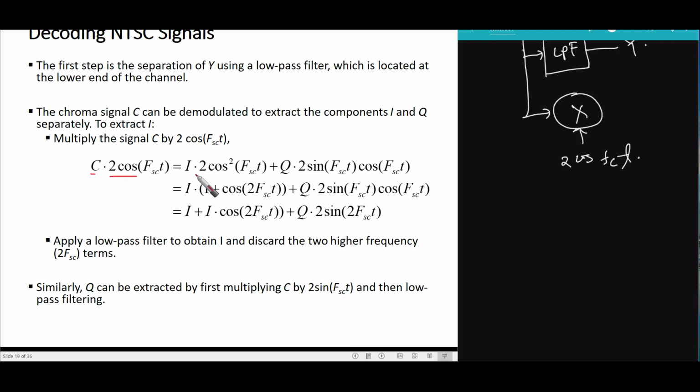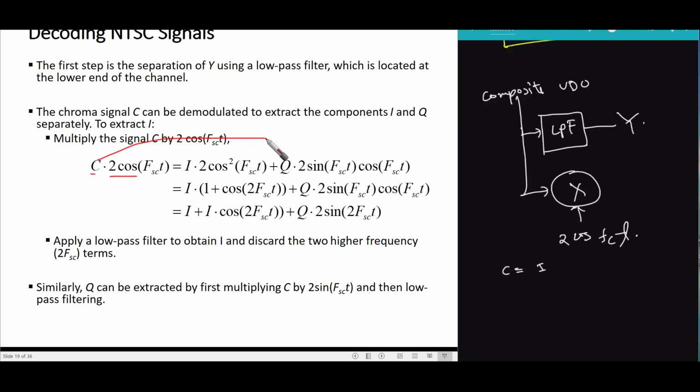The color signal c, as you already know, is I cos 2 pi fct plus Q sine 2 pi fct. So we multiply this by 2 cos 2 pi fct, and then we have I times 2 cos squared fct plus a Q term.